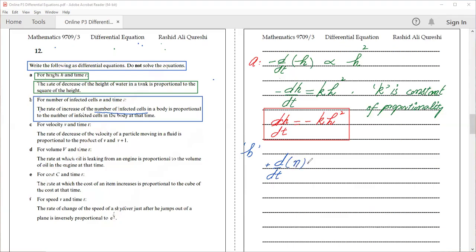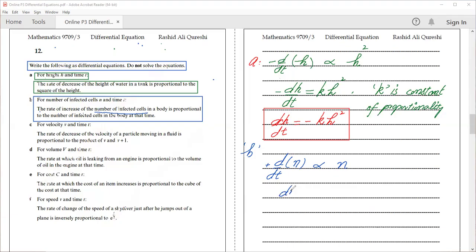N shows the number of infected cells in a body, is proportional to, not equal to. We have to write proportional to the number of infected cells, N, in the body at that time. Now again we have to remove this sign of proportionality.